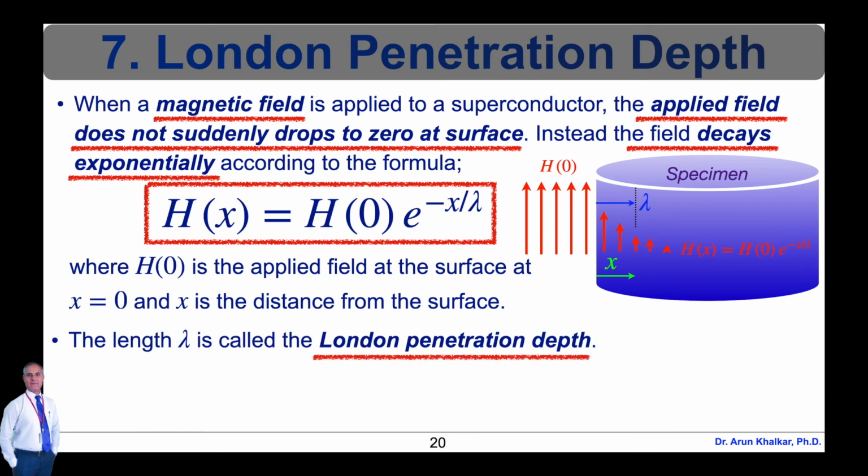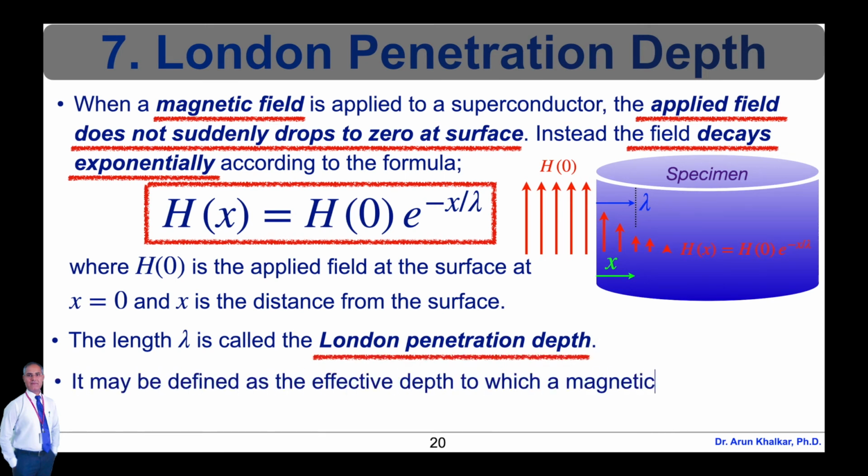The length λ is called the London penetration depth. It may be defined as the effective depth to which a magnetic field penetrates a superconductor. This is called the London penetration depth and is represented by λ.